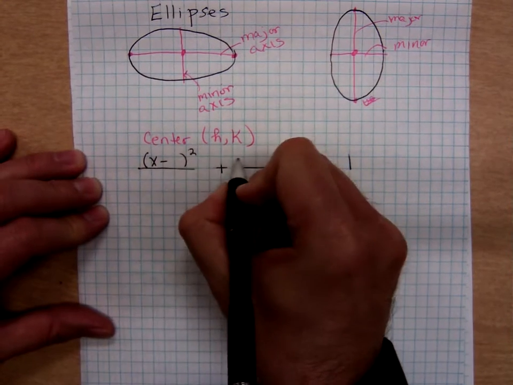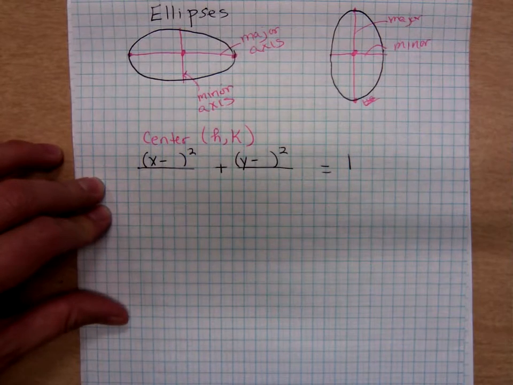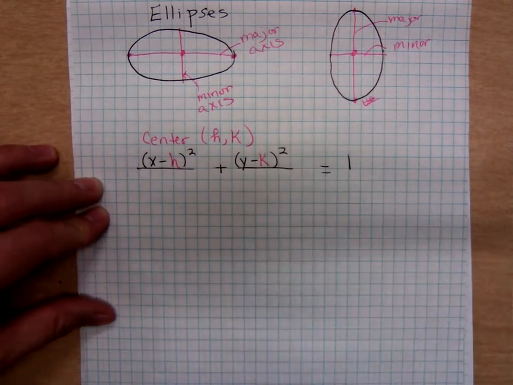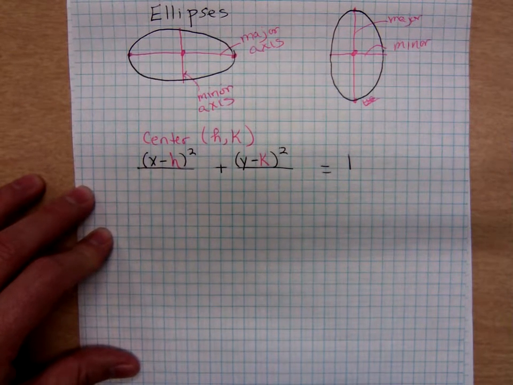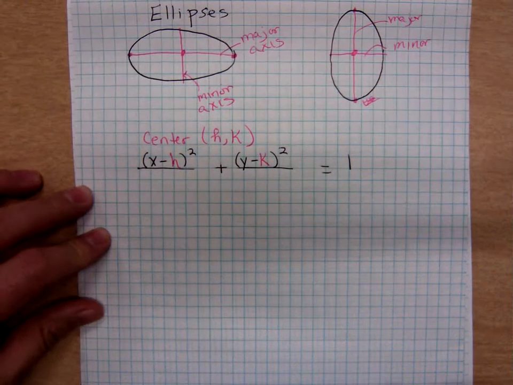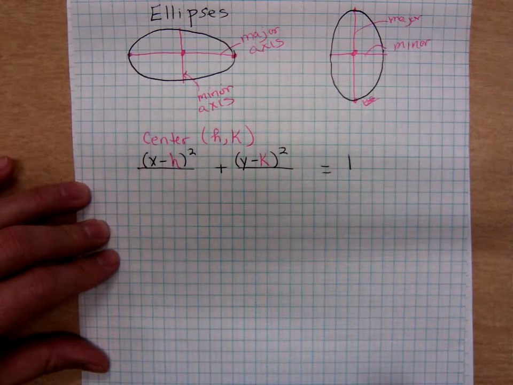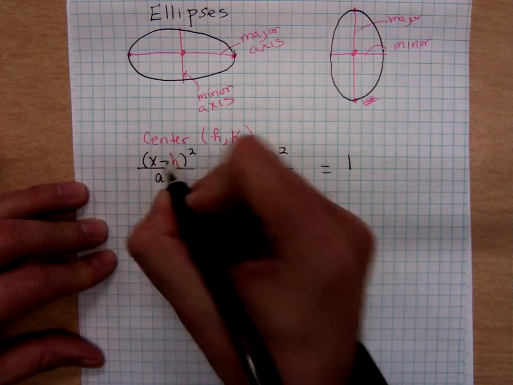And the top parts of the fractions will look sort of like the equation of a circle. We have (x minus h) squared, then over some number. I'm going to write a squared just because that's how you normally see it written in a book. But the important thing is down here there should be some number.